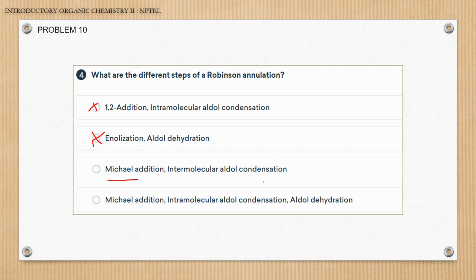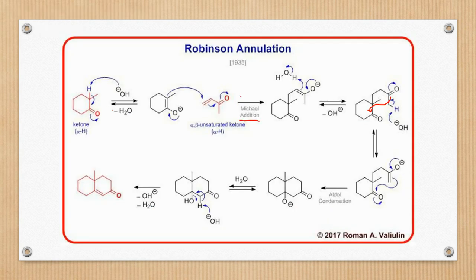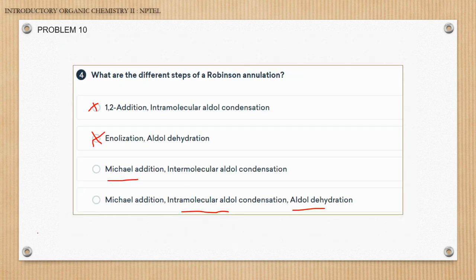And I have told you for the Robinson annulation, we have seen that intramolecular aldol condensation is happening. So intramolecular condensation is happening in this question, and after that aldol dehydration. So these three are the steps which match your Robinson annulation. That is Michael addition, intramolecular aldol condensation, and then dehydration. So that is why option number 4 is the correct one.